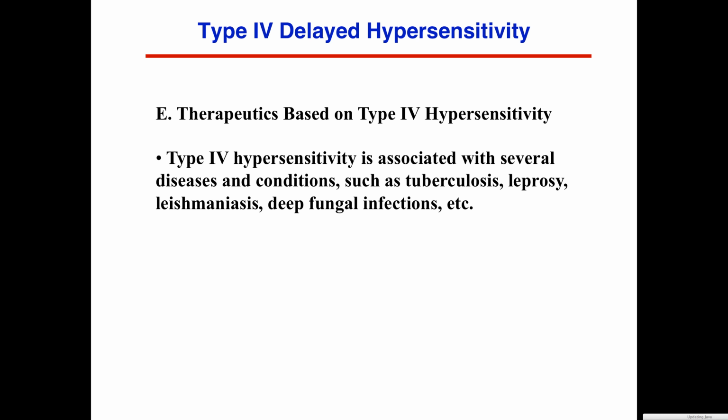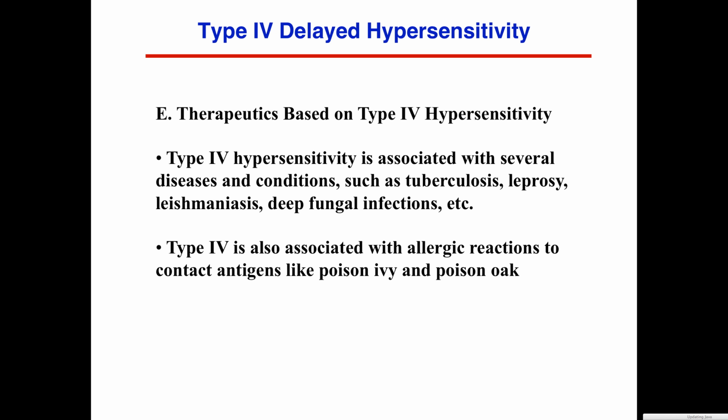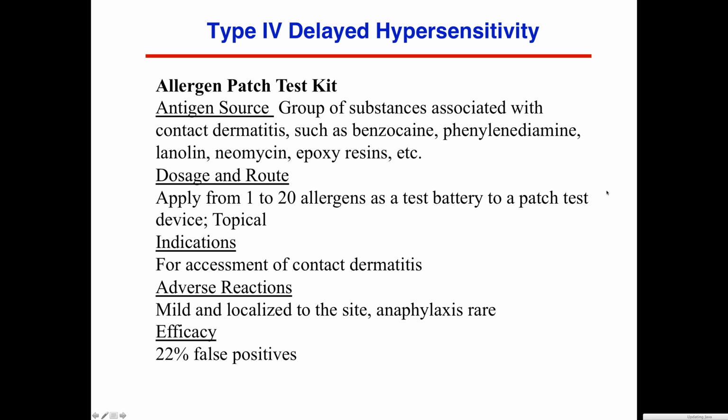There may be some CD8 cells there, but mainly it's these phagocytic cells, and they basically lose control of their ability to control themselves, and the immune system loses control of that, and then they cause major tissue damage. Type 4 is also associated with allergic reactions to contact antigens like poison ivy and poison oak, like we said.